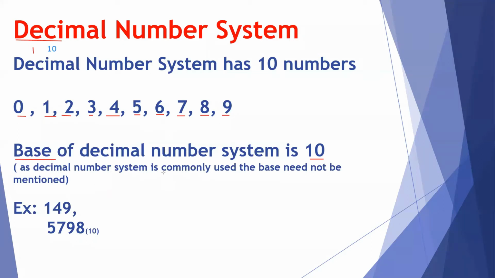So we are using it commonly, and that's why writing the base is not necessary in this case. Only for the decimal number system, writing of the base is not needed. You can mention the base or you may not mention the base.